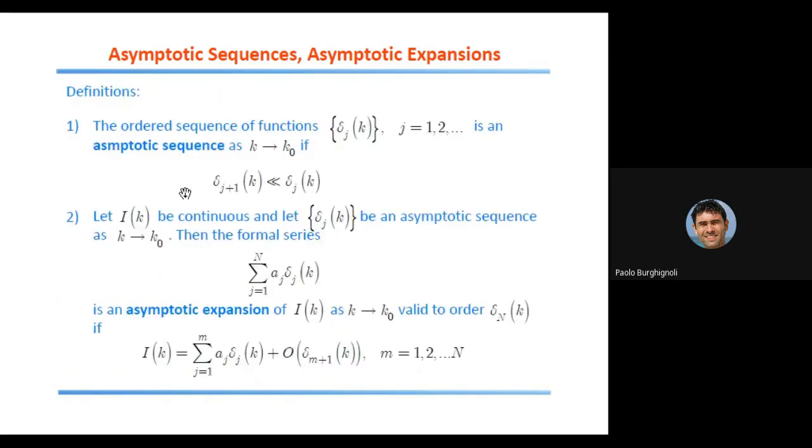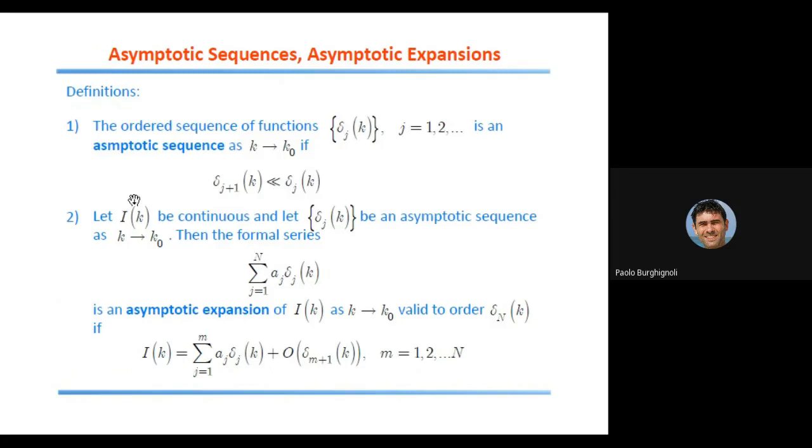Well, by definition, first of all, as we have just said, the ordered sequence of functions delta j is an asymptotic sequence if the j plus 1 term in this sequence is much smaller than the j term.